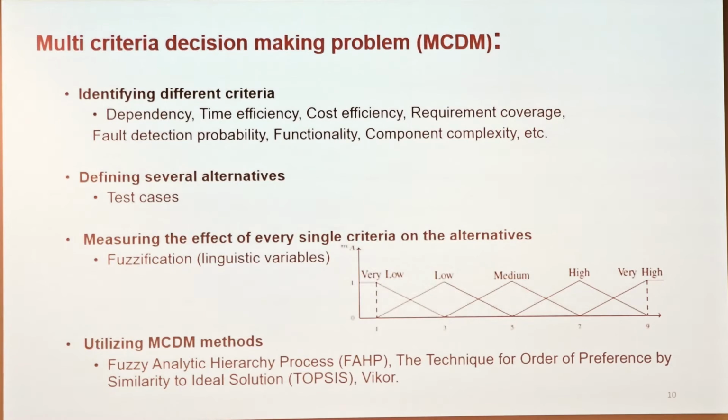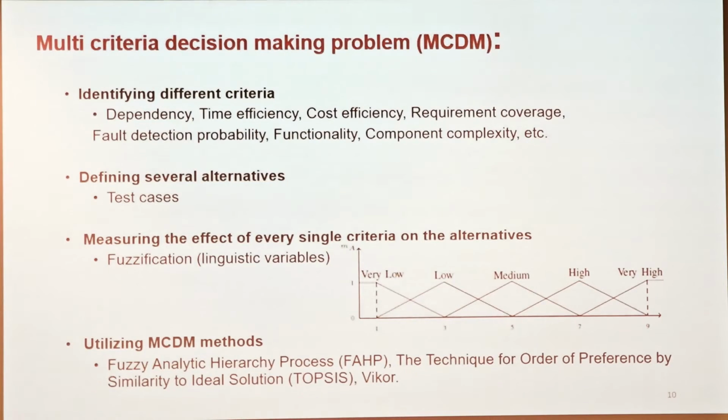During our research, we identified the initial problem, test case selection and prioritization, as a multi-criteria decision-making problem. We used historical data, we used databases, we interviewed different engineers and testers at Bombardier Transportation, and we identified this problem as a multi-criteria problem, which means there is more than one parameter, one criterion, that you need to take care of at a time.